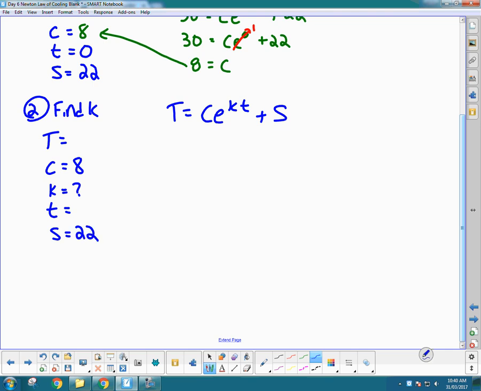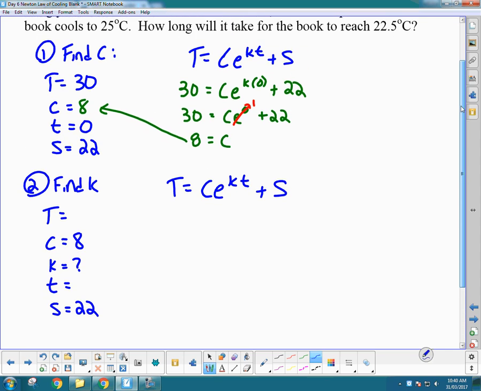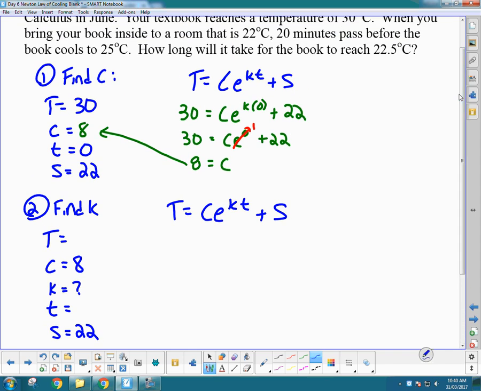But I got to go back to my scenario, my question, and figure out what it is. I'm going to look at that snapshot. So I walk in there, and the snapshot is 20 minutes pass before the book cools to 25. So the temperature at the snapshot is 25 degrees Celsius, and 20 minutes has passed.